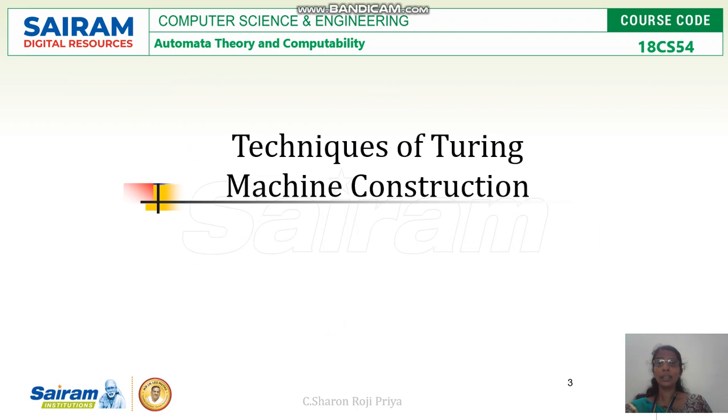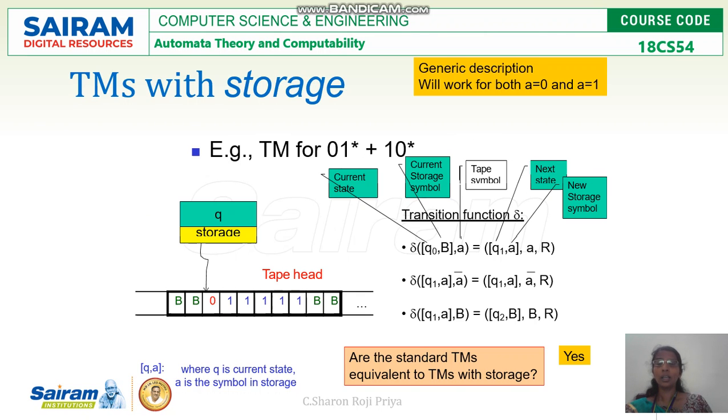Next is techniques of Turing machine construction. First is Turing machine with storage. I can construct a Turing machine with storage. So why do I need this storage? Assume I want to design a Turing machine that remembers the first symbol in its input string.